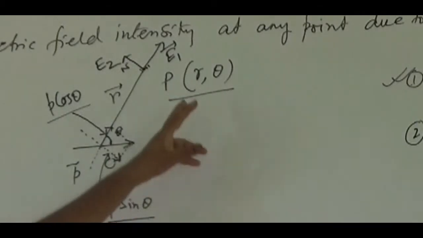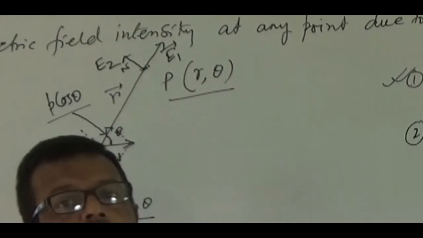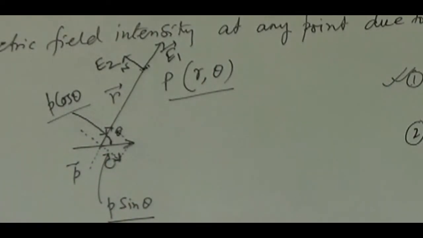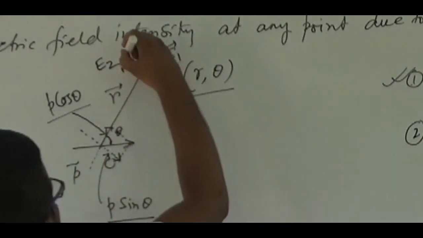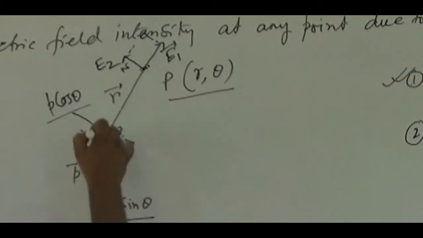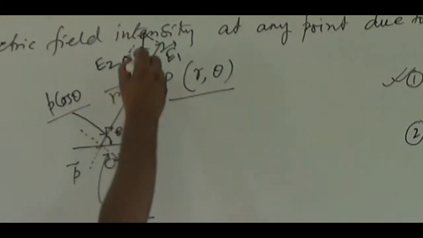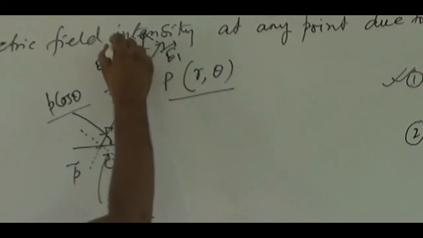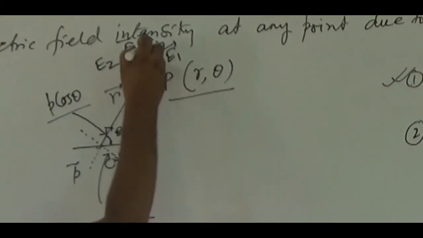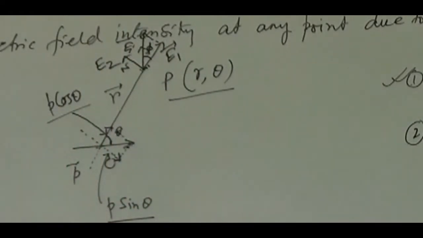The electric field at the point P will be the vector sum of this E1 and E2, which are perpendicular to each other. Therefore, the resultant electric field at P due to the dipole p is this. Let us say this is the E vector, and it makes an angle phi with E1, that is, the r vector.